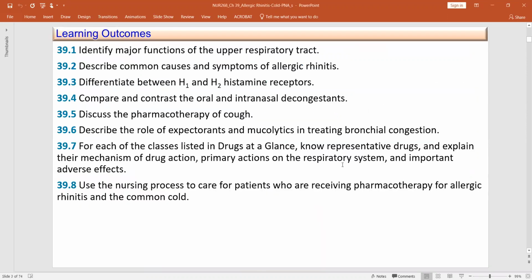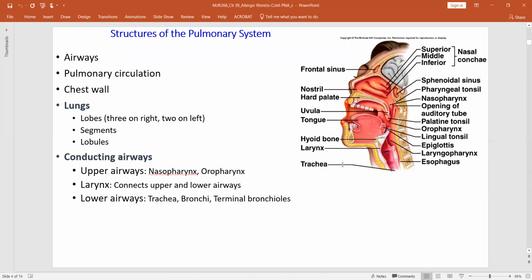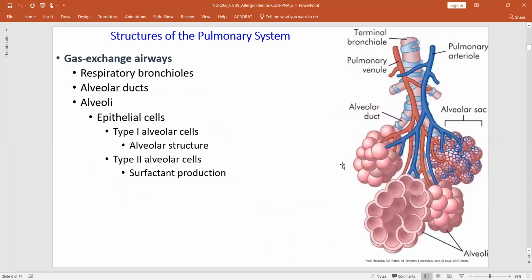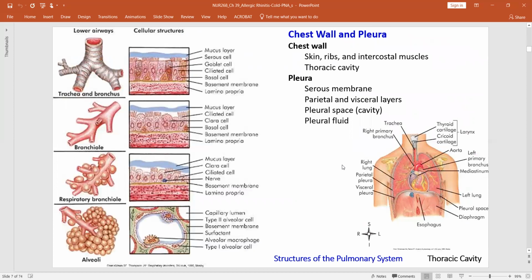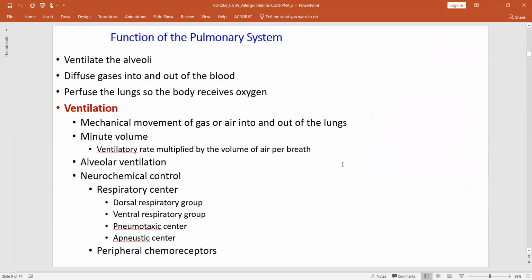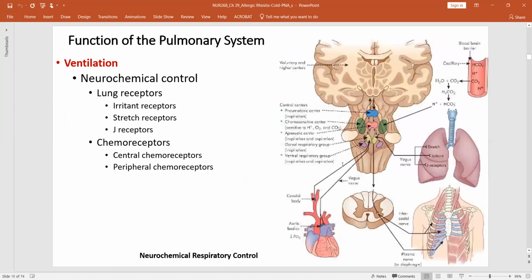So I'm going to skip a few slides at the beginning of these slides because that's anatomy and physiology, which has been covered in previous courses.